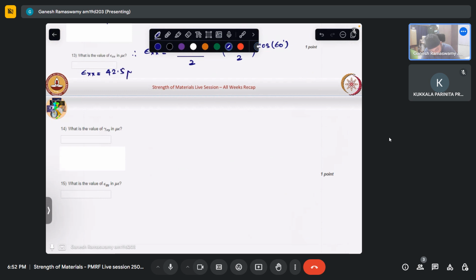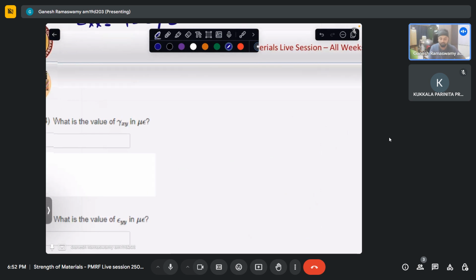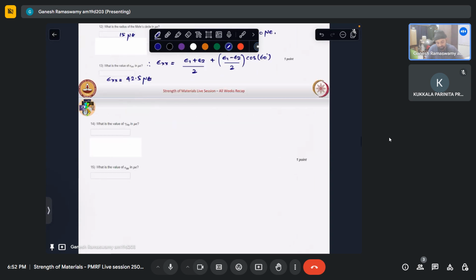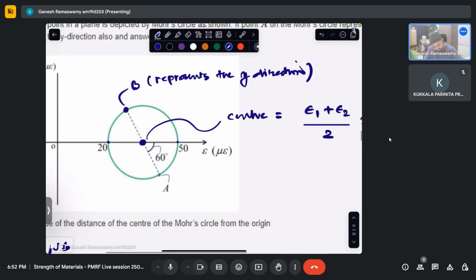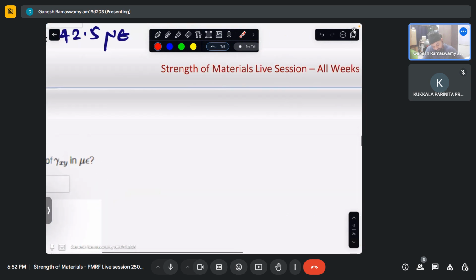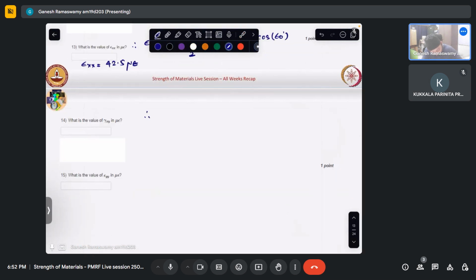Now, the value of gamma xy is asked. It is easy to see from here that this distance is actually gamma xy by 2. So therefore, epsilon 1 minus epsilon 2 by 2, which is the radius, into sine 60 is gamma xy by 2.